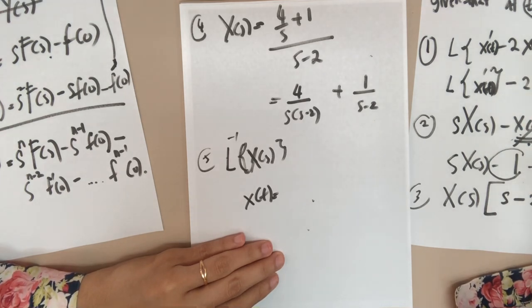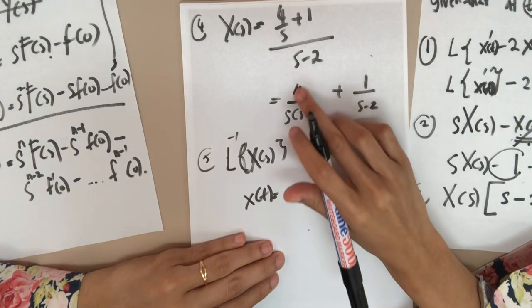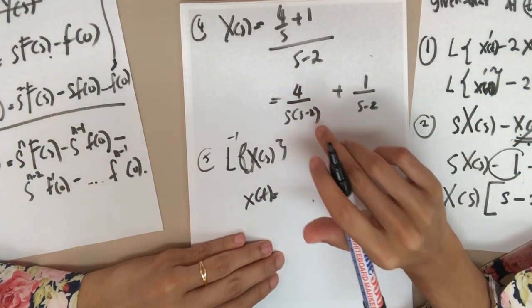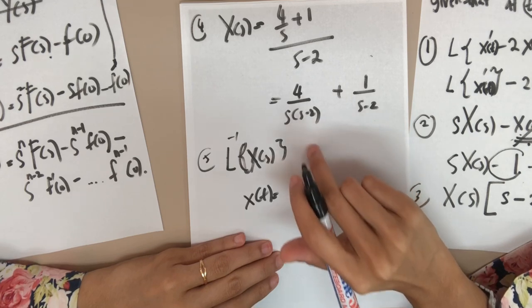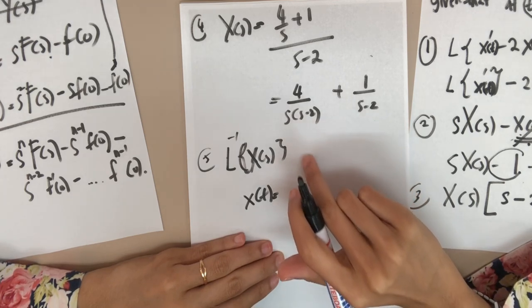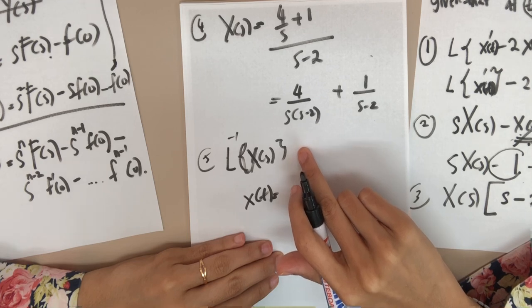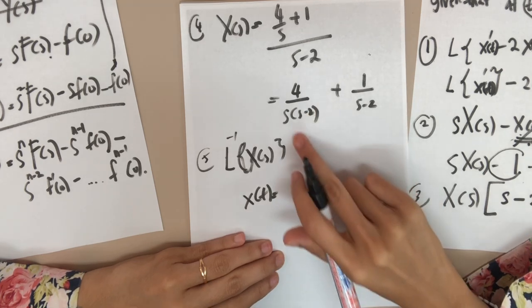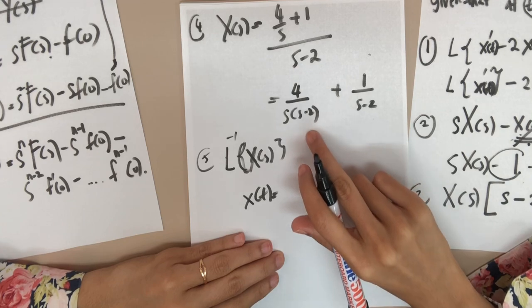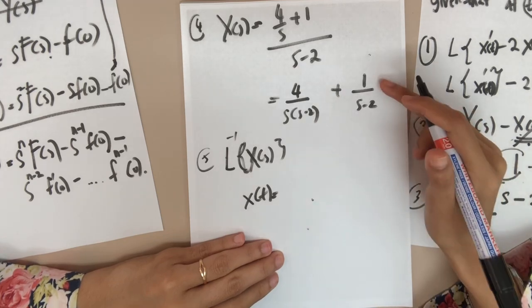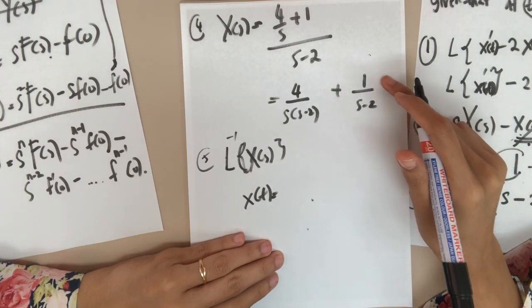Convolution theorem. So you can see that this is 4 over s minus 2 here. For this one, what you should do is apply convolution. And how about this one? You can get it directly from the table.